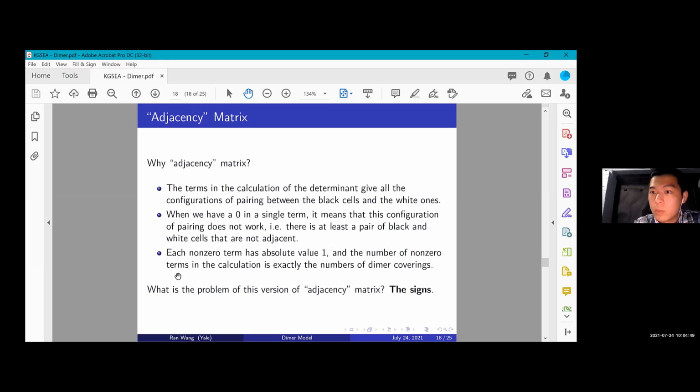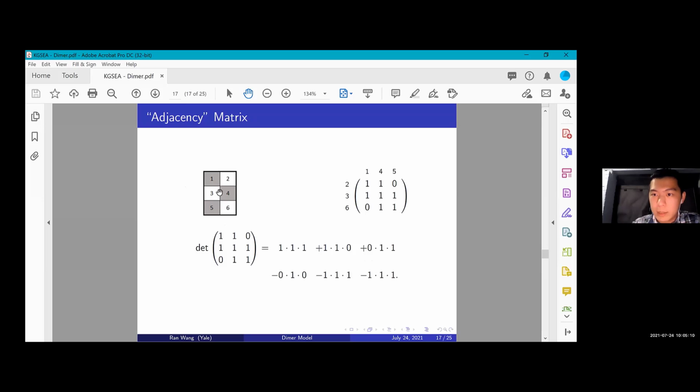Each non-zero term, which are the valid ones, has absolute value 1, and the number of non-zero terms in the calculation is exactly the number of dimer coverings. So this is why we are interested in this: we perform the pairing for all possible ways between blacks and whites, and then among them, we see which pairing works.